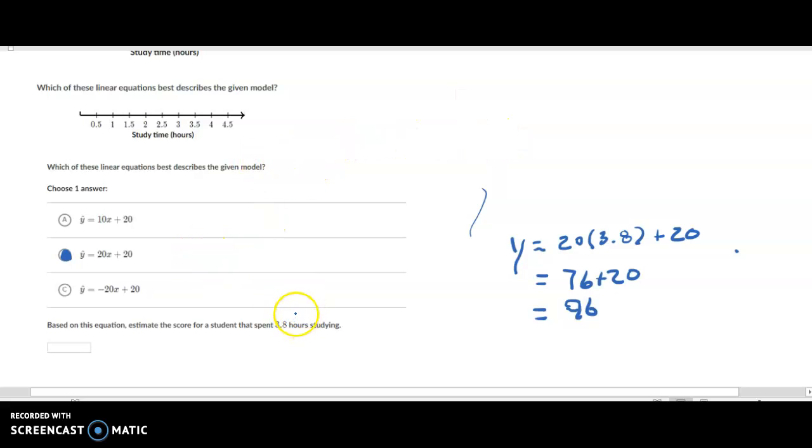Now what we're doing is we're taking the number that we're given and saying, well, based on the equation, what would we predict to be the score? And all we're doing is taking this number, putting it in for x for the equation that we've chosen, the equation that we figured out from the graph, and then calculating what that estimate would be.